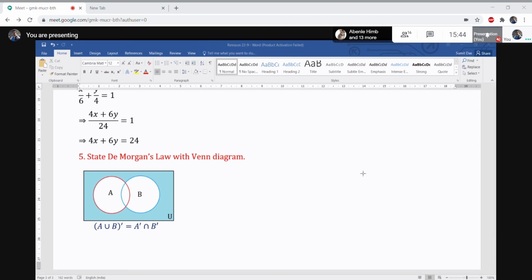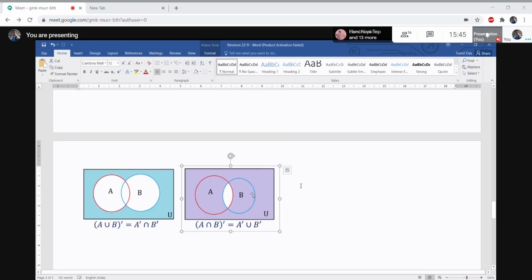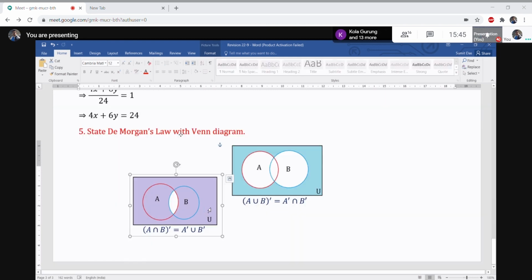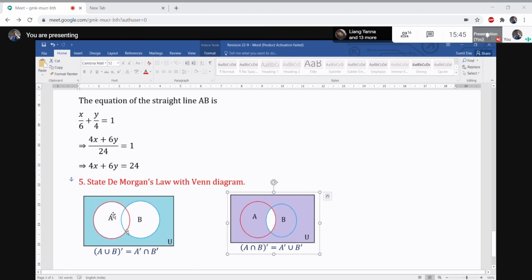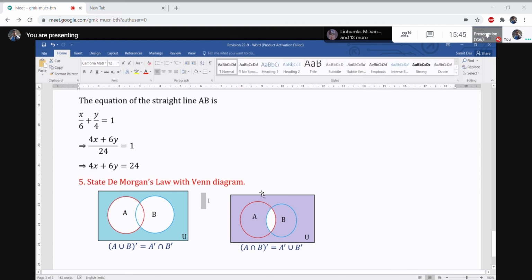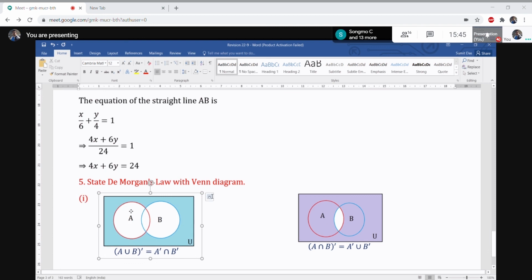And the second law says the complement of A intersection B is equal to A complement union B complement. That is number 1, and this is number 2.